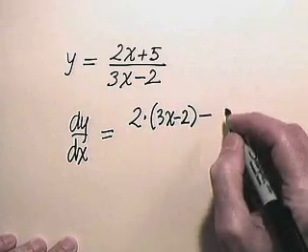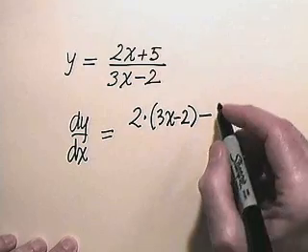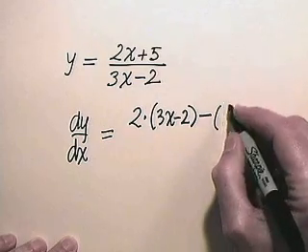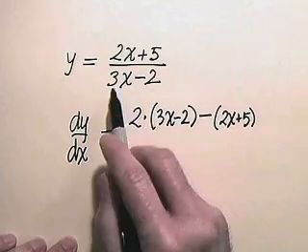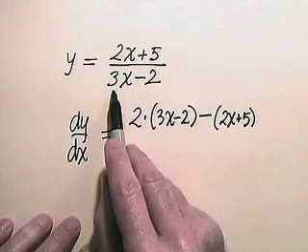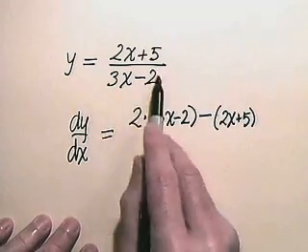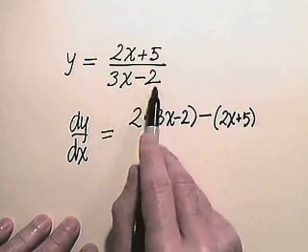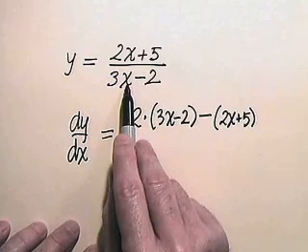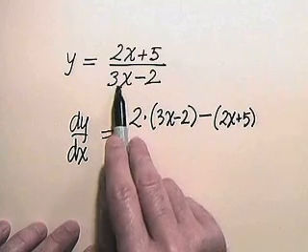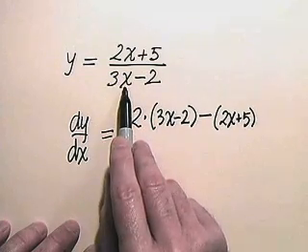Then we put our negative sign, and now we copy the numerator and multiply by the derivative of the denominator. So now we just concentrate on the denominator itself. What's the derivative of that expression? Well, 3 times the derivative of x is 1, so the derivative of the first term is just 3.